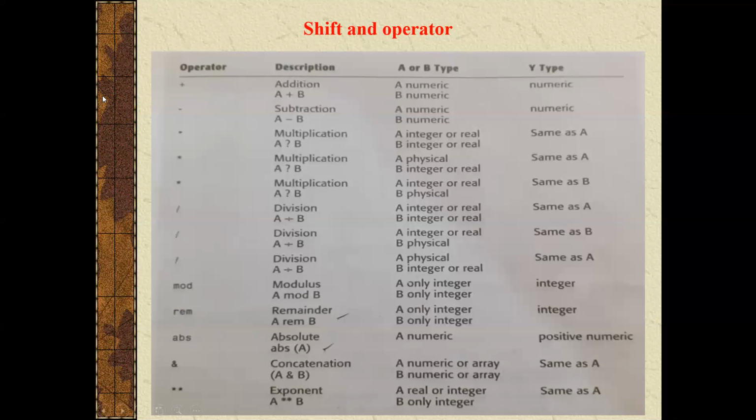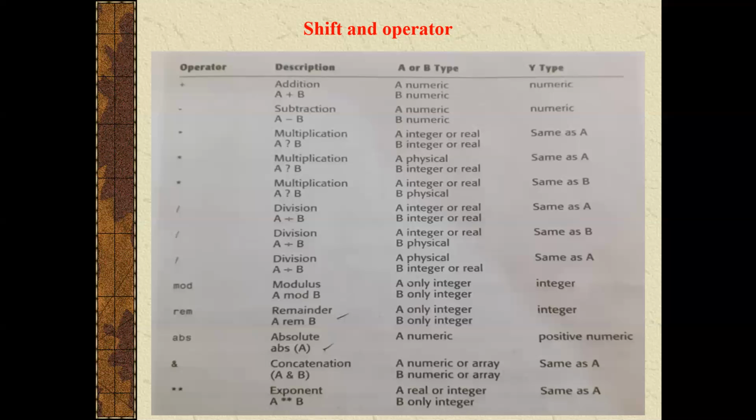These are some shift operators. The shift and rotate operators are implemented in many applications, such as multiplication and division. Shift left represents multiplication by 2 and shift right represents division by 2.